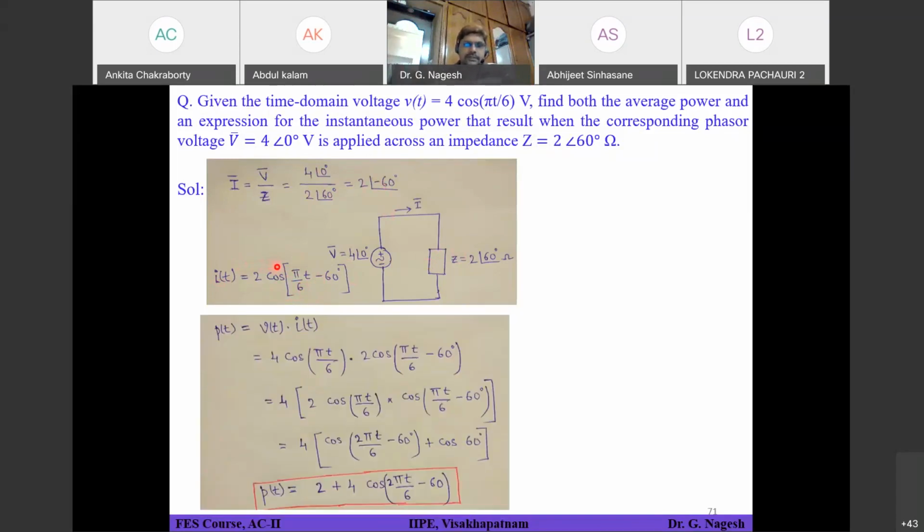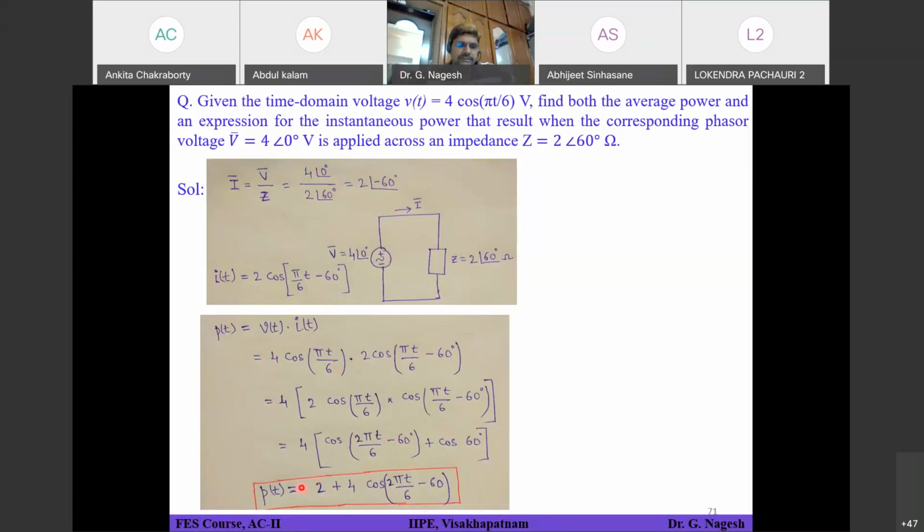If you do that, you are going to get this kind of expression. This is similar to what we have done yesterday: Vm into cos of omega t and Im into cos of omega t minus phi. If you multiply and use the formula 2 cos a cos b equals cos of a plus b plus cos of a minus b, you get the general expression we have already seen.